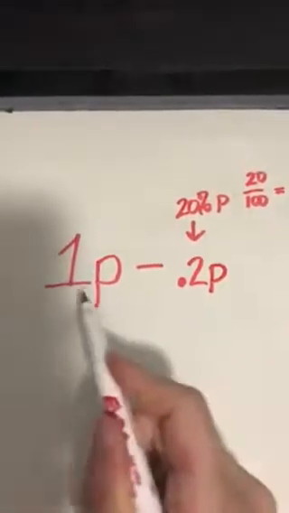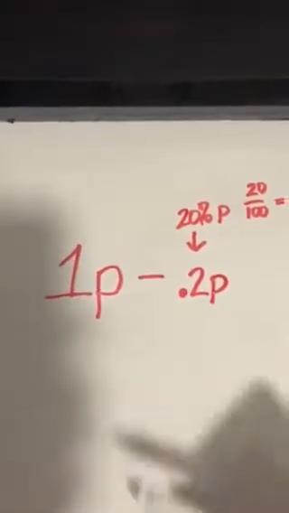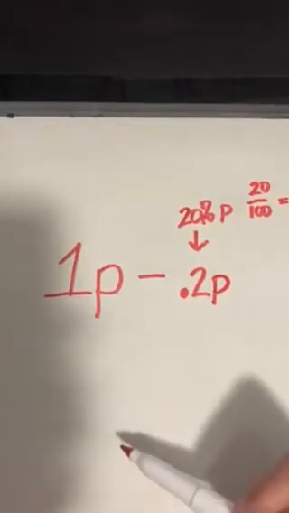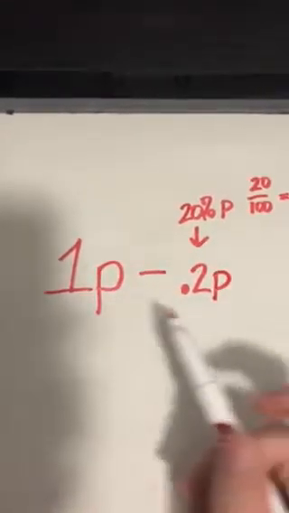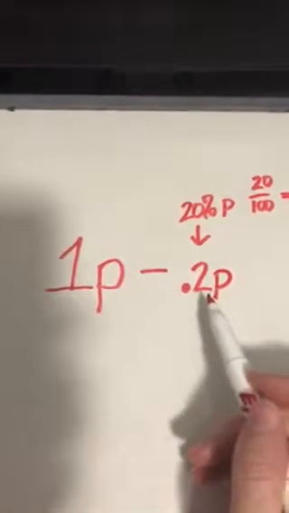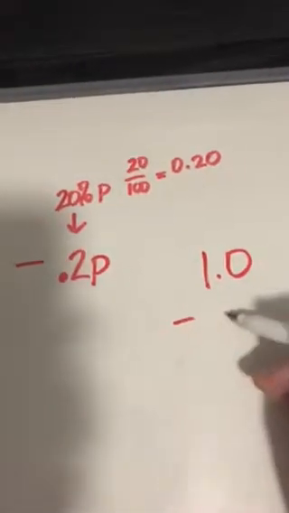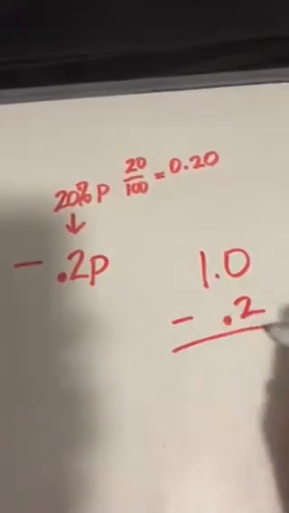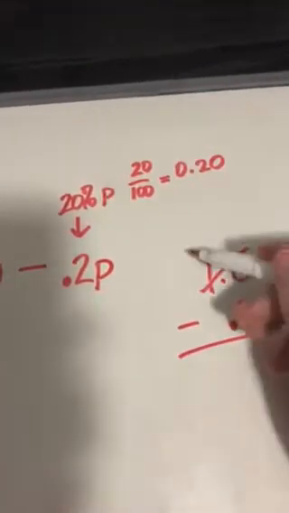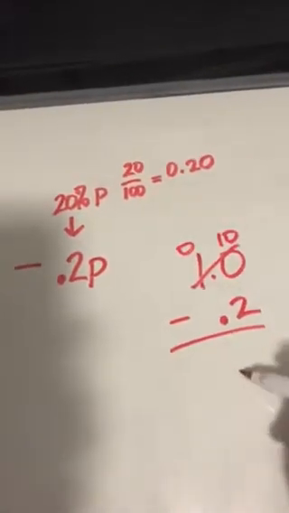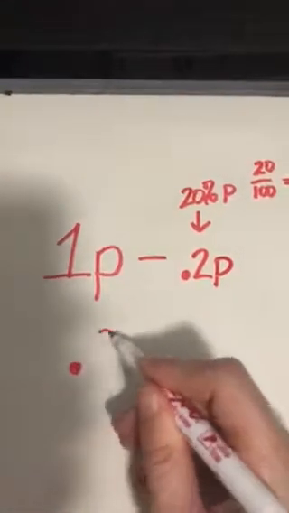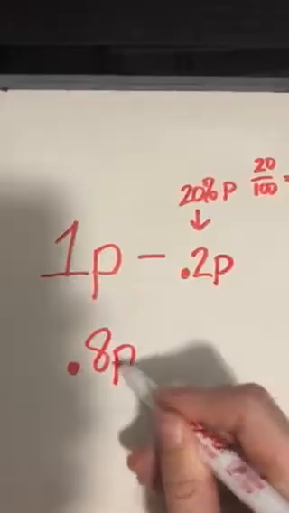So this is how you would come up with what your expression would be. In simplest form, these are like terms. 1 minus 0.2 is 0.8. So when we combine these like terms, we get 0.8p.